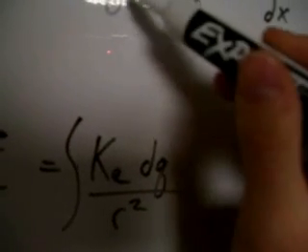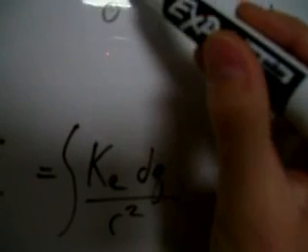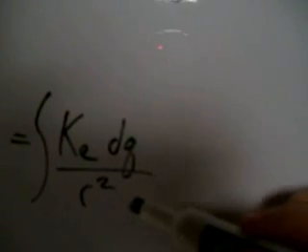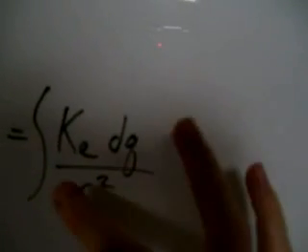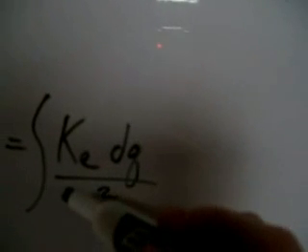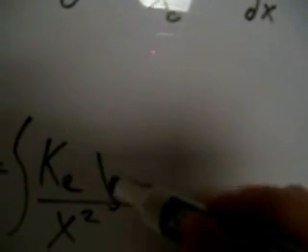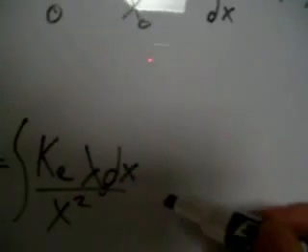R is the distance from the particle that we're talking about to the axis of charge. We know r is going to be equal to x, so I'll erase that and make it an x squared. And then we know that dq is defined in terms of x with lambda dx. So now everything's in terms of x.